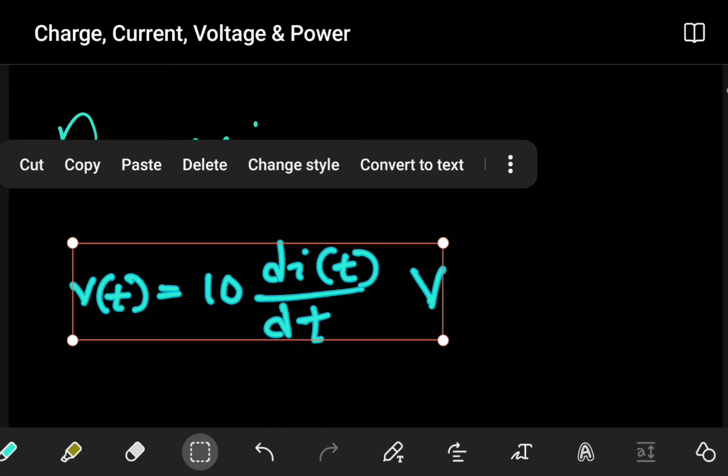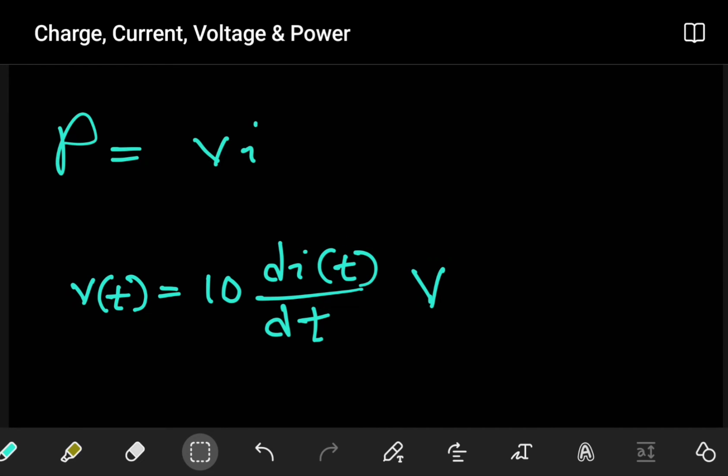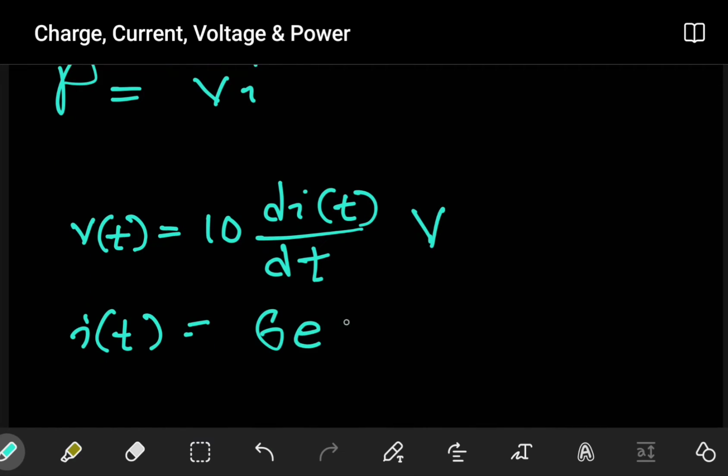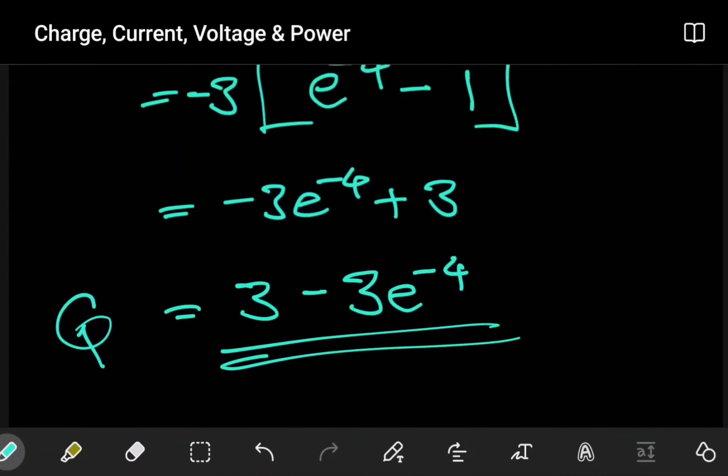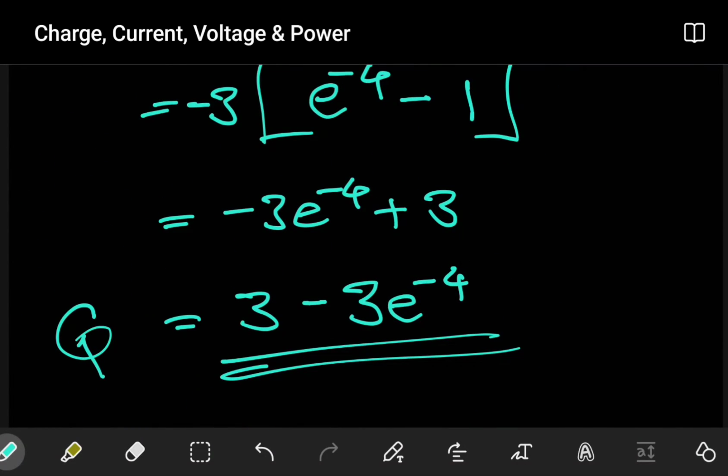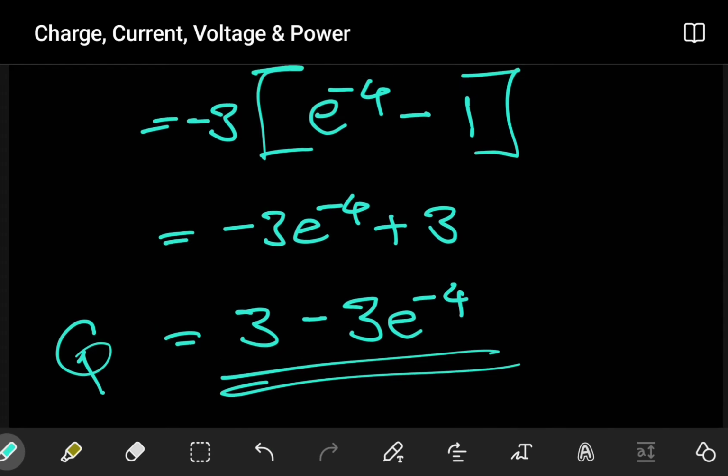And if we were to take down the expression for current, we have i(t), and what we had was 6e^-2t, and this was in milliamps. Perhaps we should take advantage of the units here. And I just remembered we didn't actually include the units here for charge. Well, we know charge comes in coulombs, but what units are we going to have here?